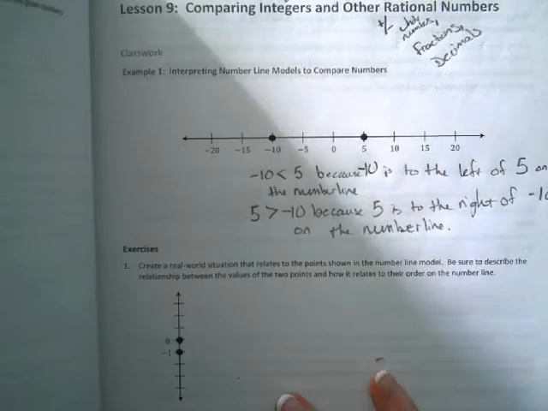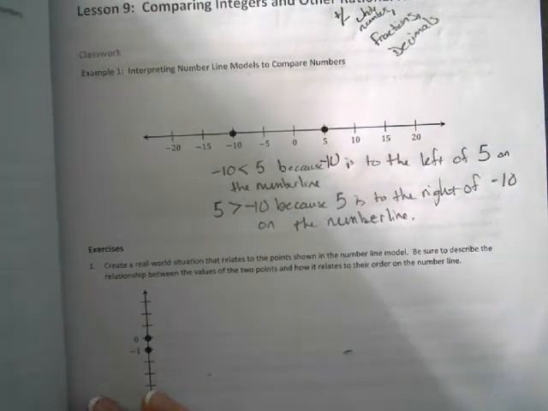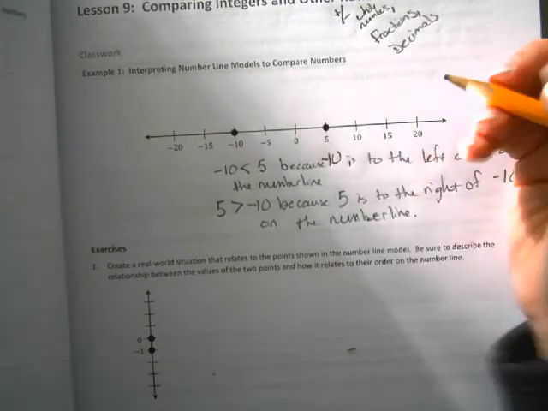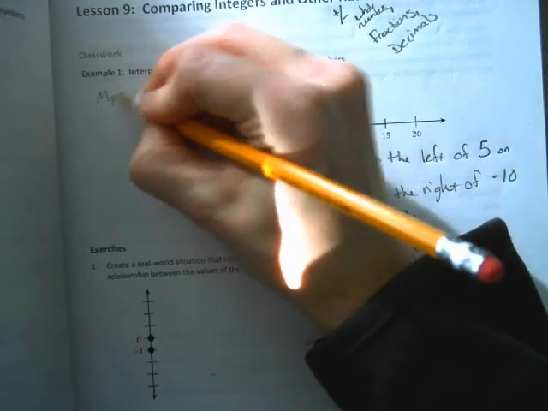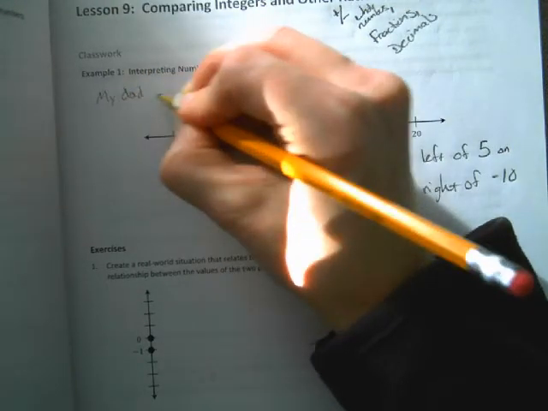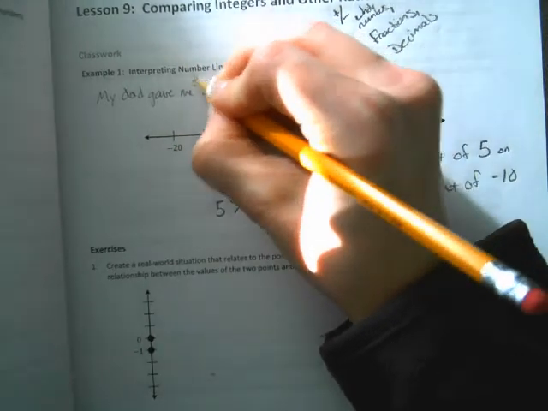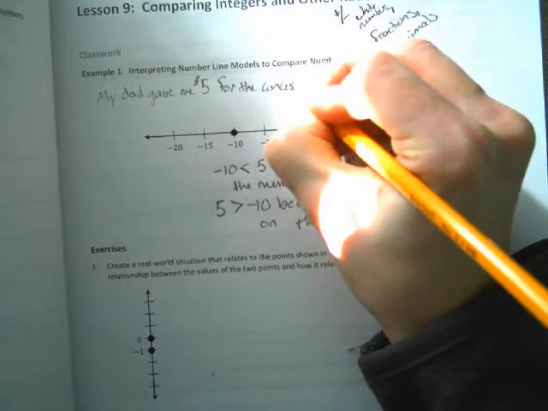If you wanted to give a real-world situation that dealt with -10 and 5, you could say, my dad gave me $5 for the concession stand.